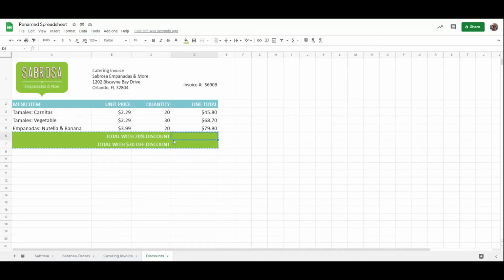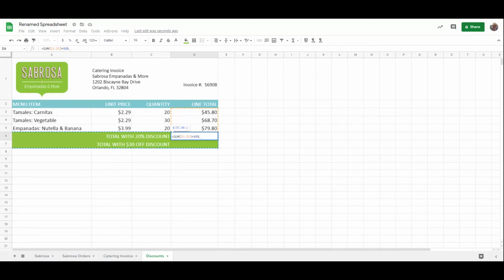So if we're going to find the total with 20% off, we would need to start by adding up how much it will be in total. And then with 20% off, that means they're only going to be paying 80%. So then we can multiply by 80%.